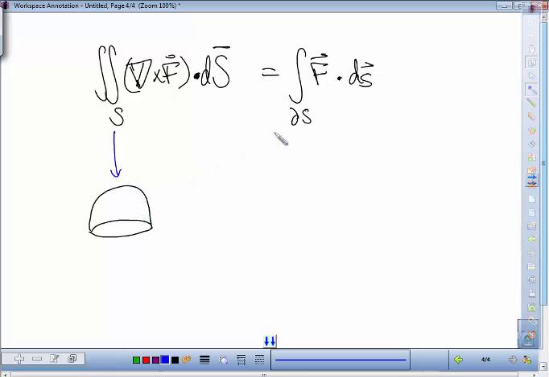So this is your S, and this is your, maybe I'll label it differently. This is your S, and then this, oh, I put the boundary in blue, so let's put this in blue.